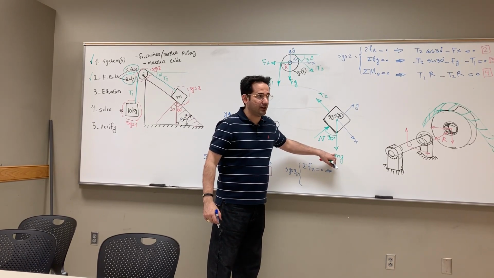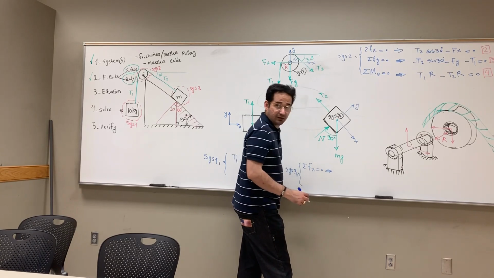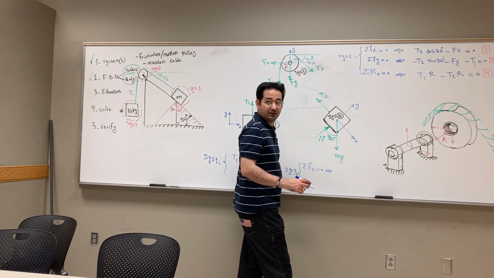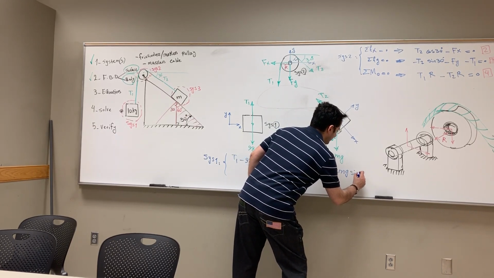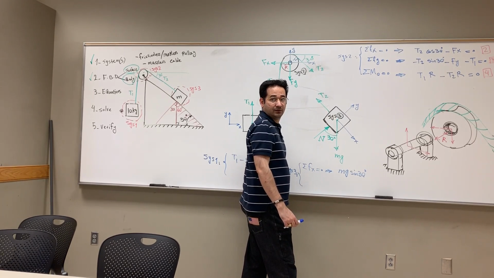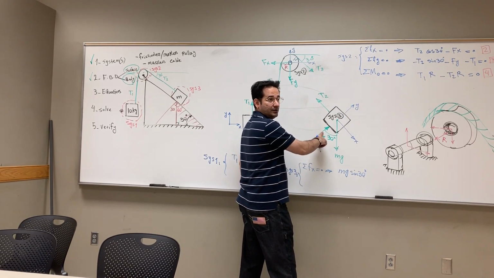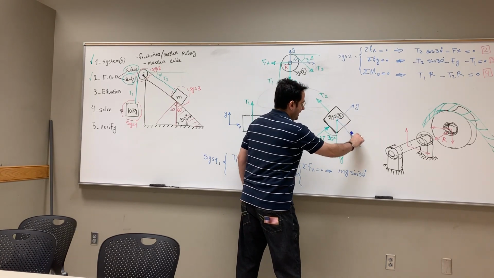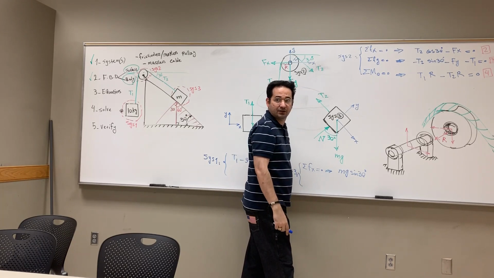What's the component of this in the x positive? Only sine 30? mg. Yeah, mg sine 30. Right? Positive or negative? Positive. Now let's go to this guy. If this is your x and this is your y, does it have a component in the x direction?